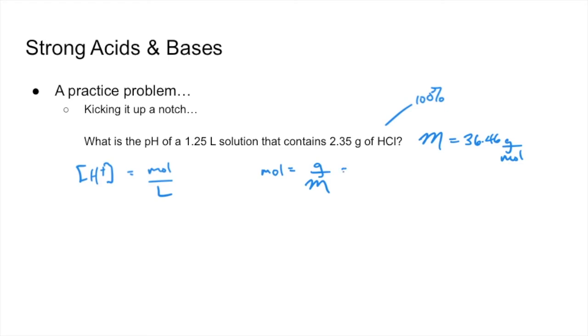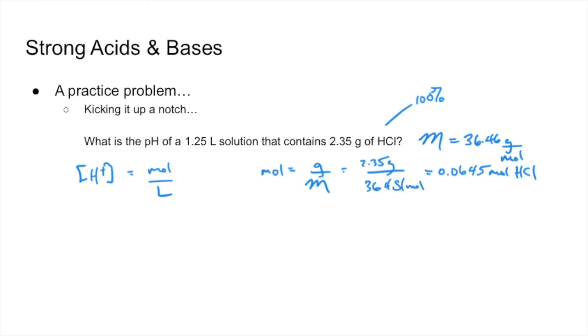The number of moles here is going to be 2.35 grams divided by 36.46 grams per mole. And typing that onto the calculator, that is to 3 significant figures, 0.0645 moles of HCl. And since this comes apart 100%, that's an important bit of information. That's why we talked about it.